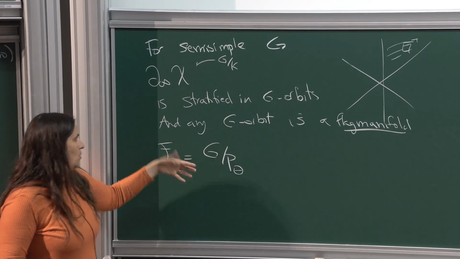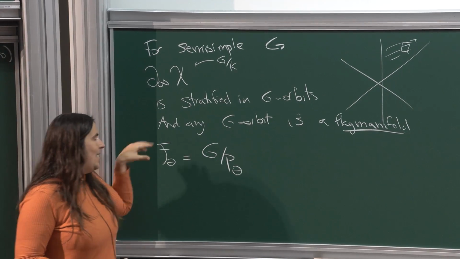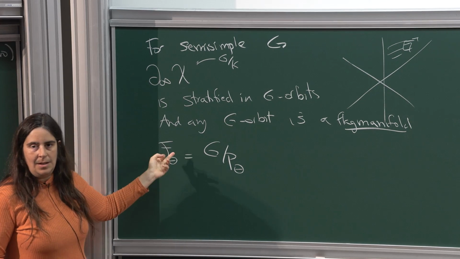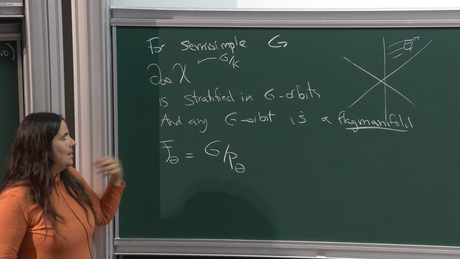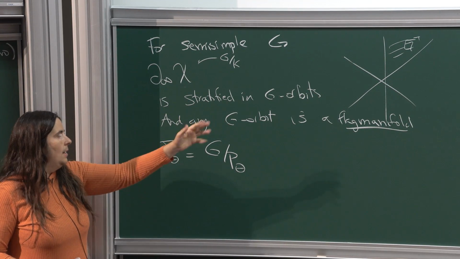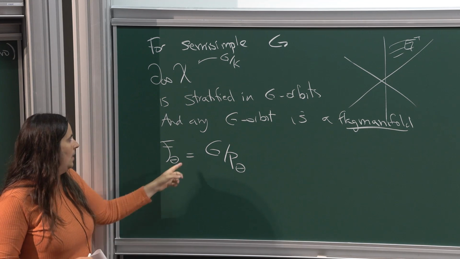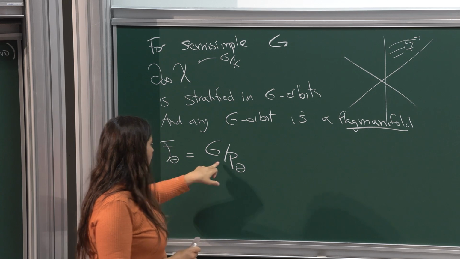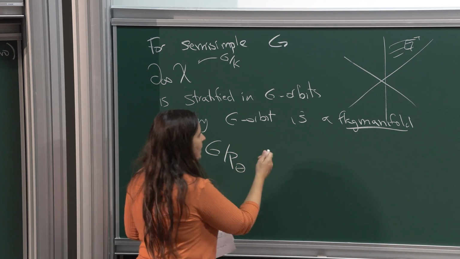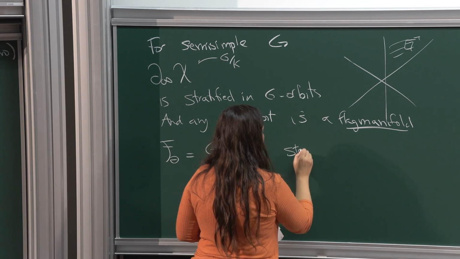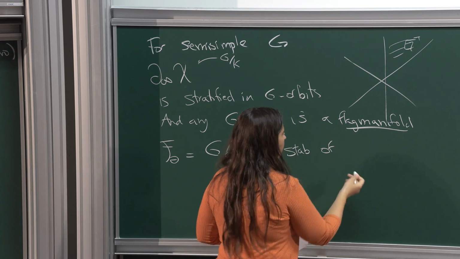But so there are, as always, three different ways of thinking about this. One of them is my favorite, which is this CAT(0) perspective, Riemannian geometric perspective, in which G mod P theta is the stabilizer of a ray.